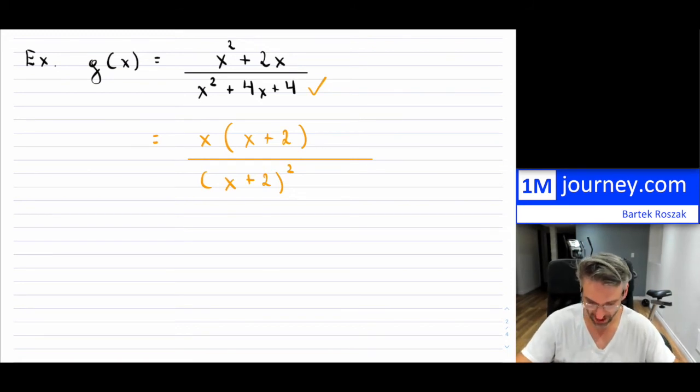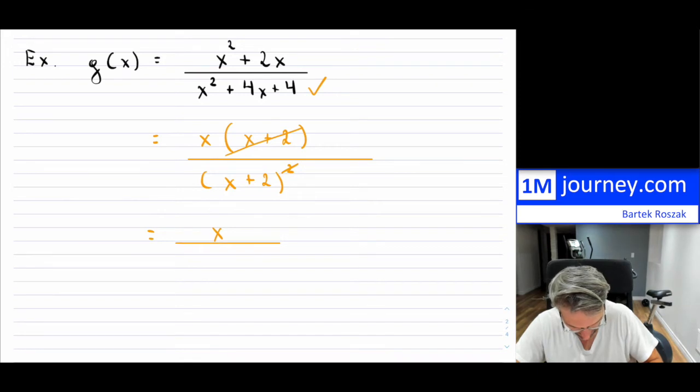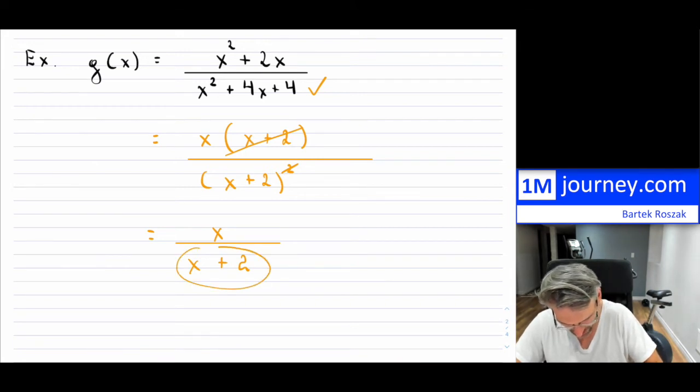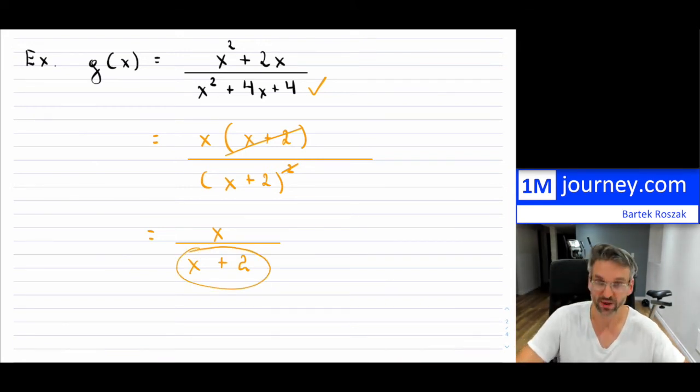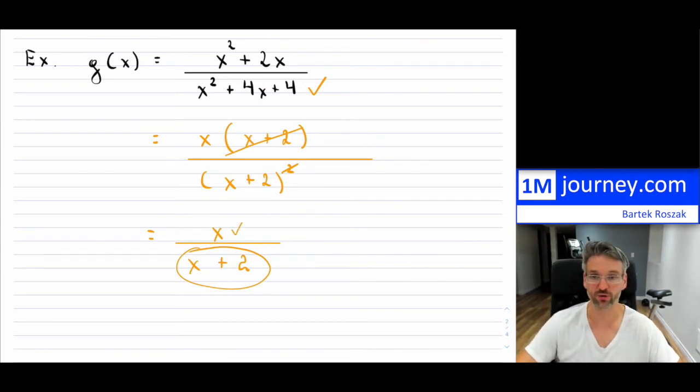Because the square root of x squared is x, and the square root of 4 is 2, and when you add them up, 2 plus 2 is 4, so that gives us that middle term. So in this case, if I factor, one of these is going to be gone. So this is just going to be x divided by x plus 2, which again looks kind of similar to that 1 over x. We do have an x on top, but we'll see what's going to happen.